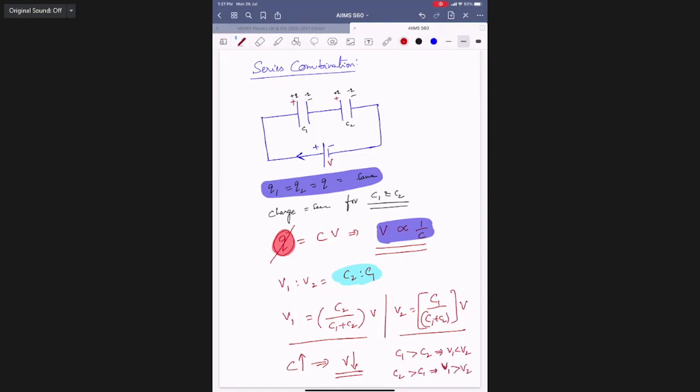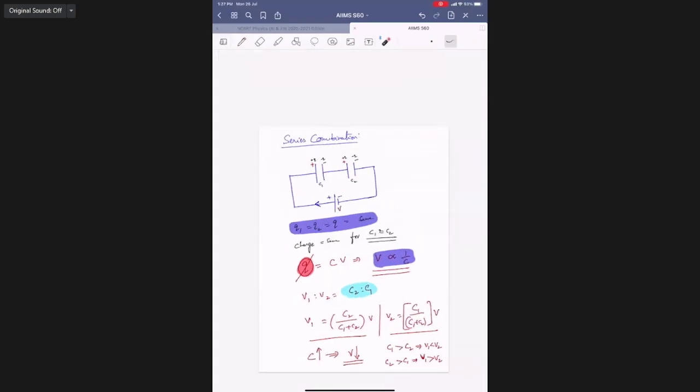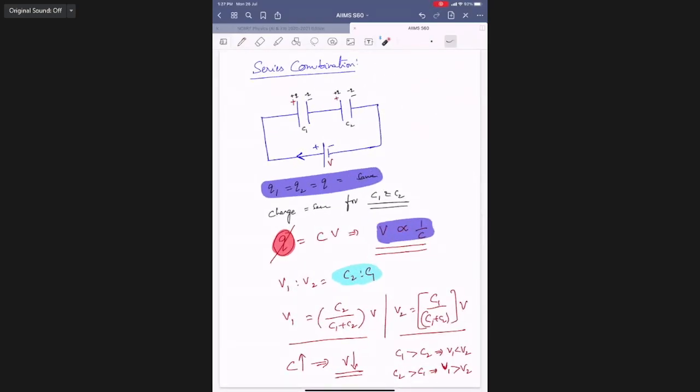So the more the capacity, the less the potential difference. These are the values across V1 and V2.